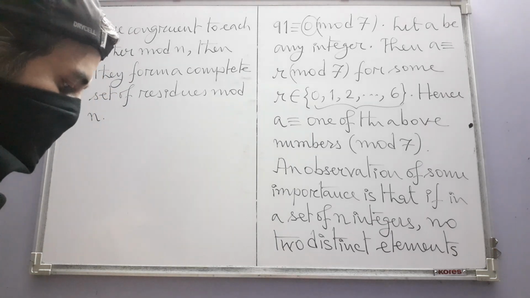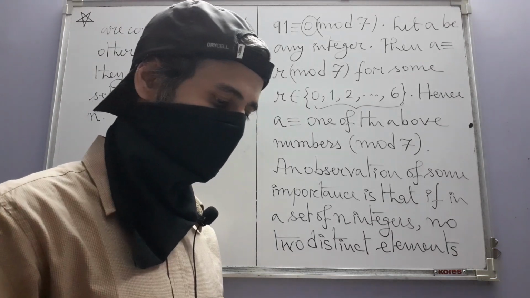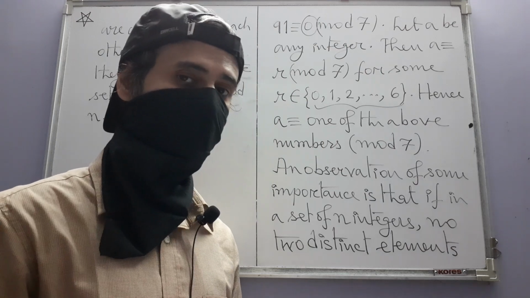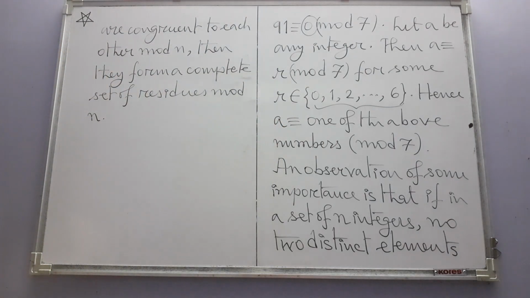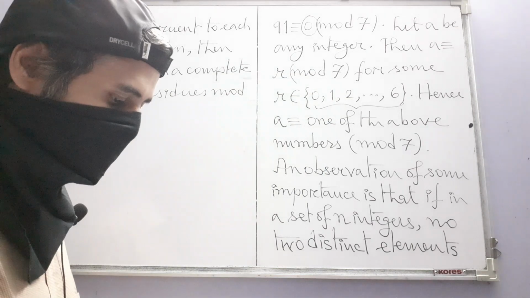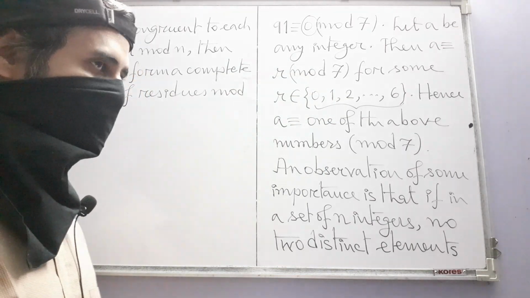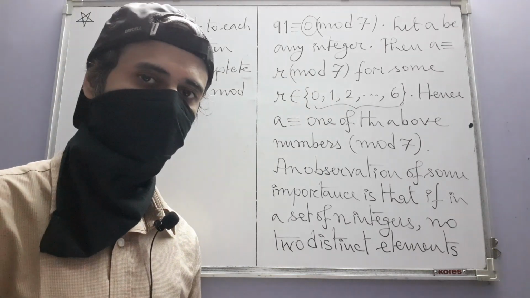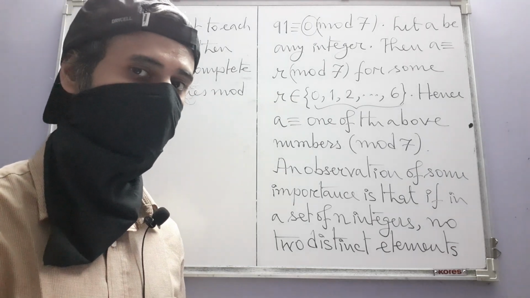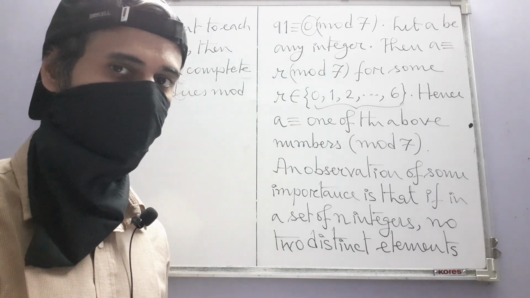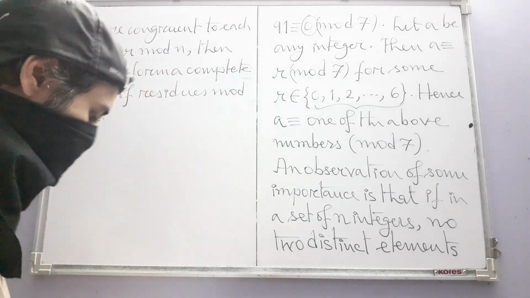Alright, so let us now see some properties. So let's now start proving things. The first result tells us precisely when two integers are congruent to each other modulo n in terms of remainders that they leave when divided by n.